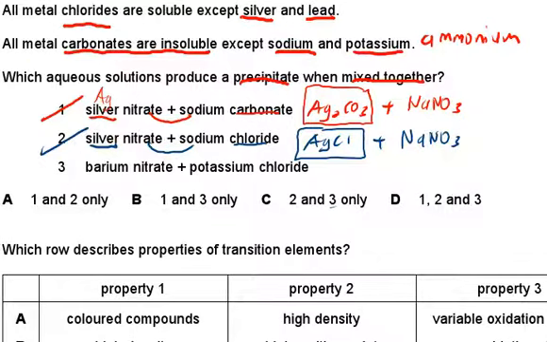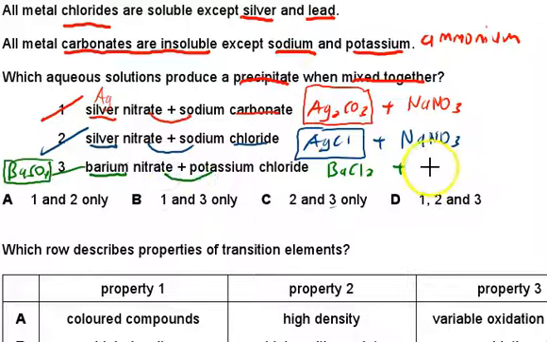Now let us look at number 3, barium and chloride. Barium only forms a precipitate with sulfate. So please remember barium sulfate will form a precipitate, but it's not here.